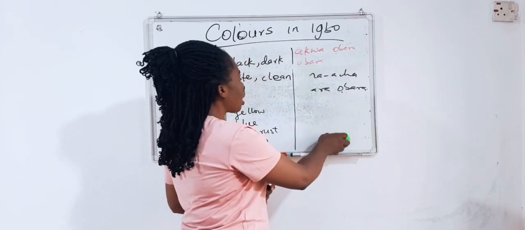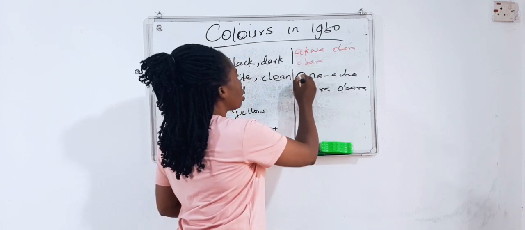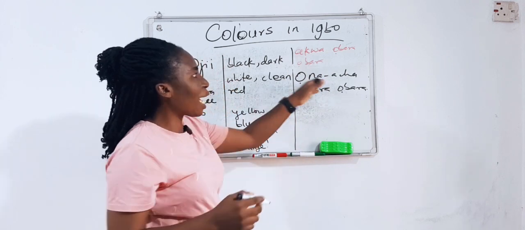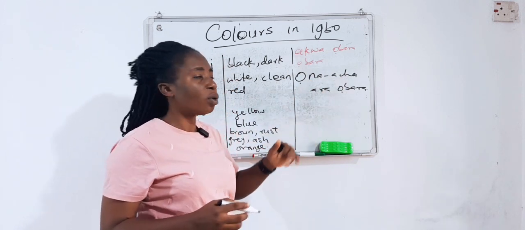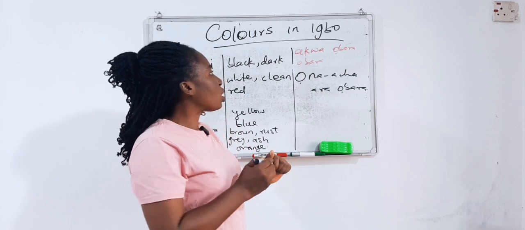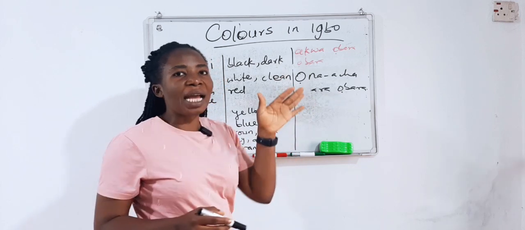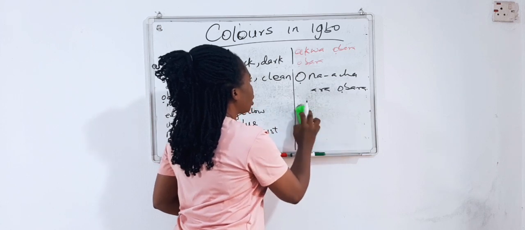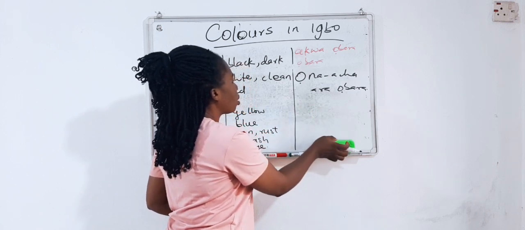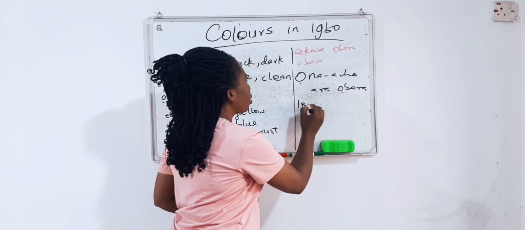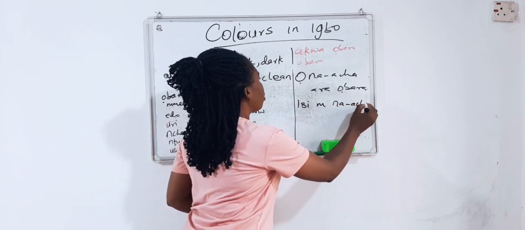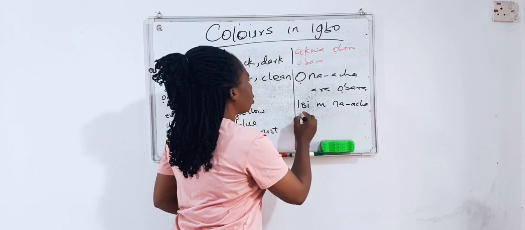So you could just say ọ na-acha if you want to say that something is any color. You say ọ na-acha, you then write the color. Or you say akpa m na-acha. Isi m na-acha ọcha.